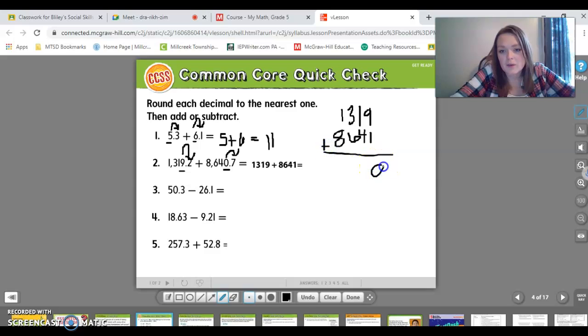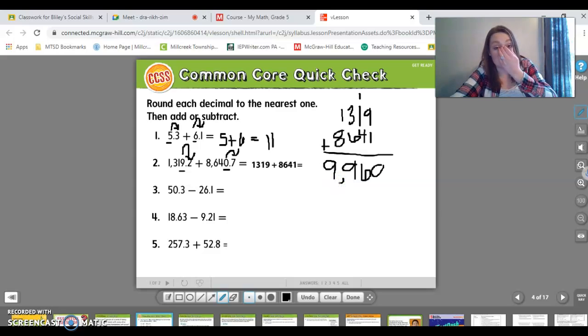Put my 0, carry my 1. 1 plus 1 gives me 2, plus 4 more is 6. 3 plus 6 is 9. And 8 plus 1 is 9. So our answer is 9,960.